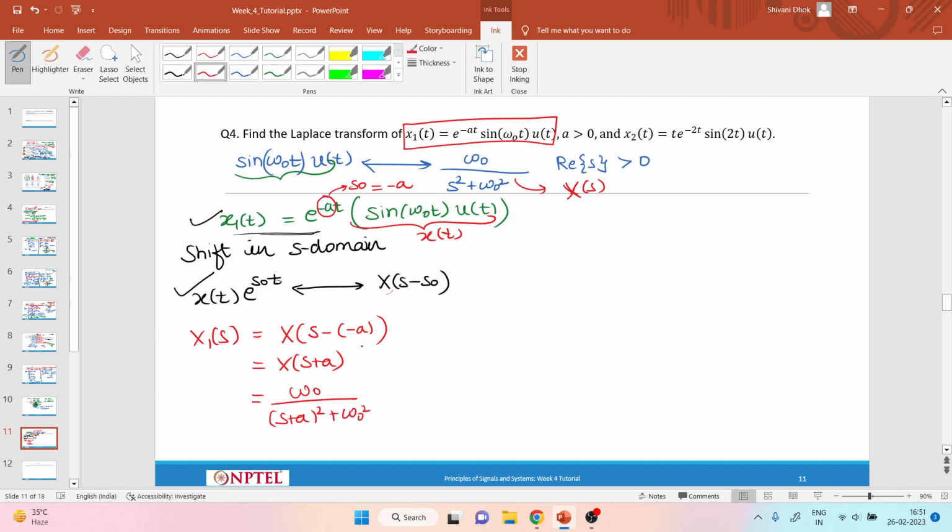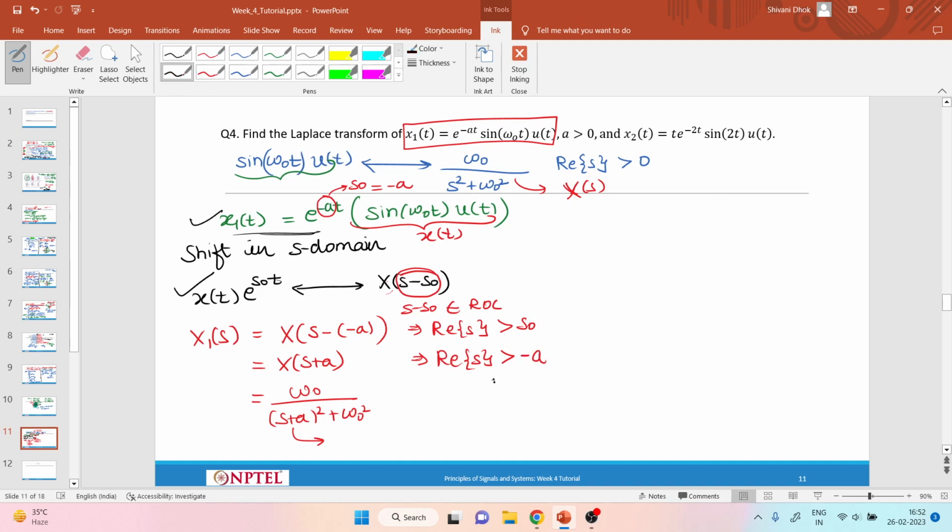Now this thing is actually shifting in s domain, which means that my ROC will also get shifted by the same factor. Therefore s minus s naught should belong to the region of convergence of this one, that is real part of s greater than 0, which means that real part of s should now be greater than s naught, and here my s naught is minus a, which means real part of s should be greater than minus a.